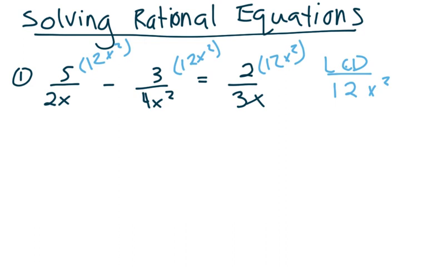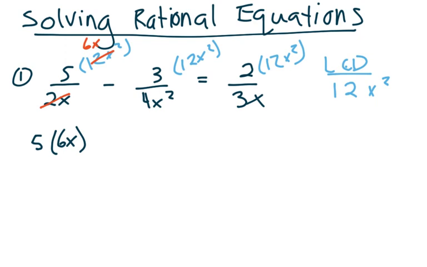So 2x and 12x squared can reduce. The 2x would cancel out, and the 12x squared would reduce to a 6x. So my first term would become a 5 times 6x.